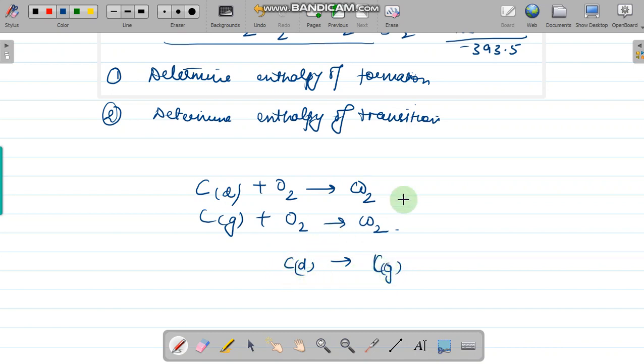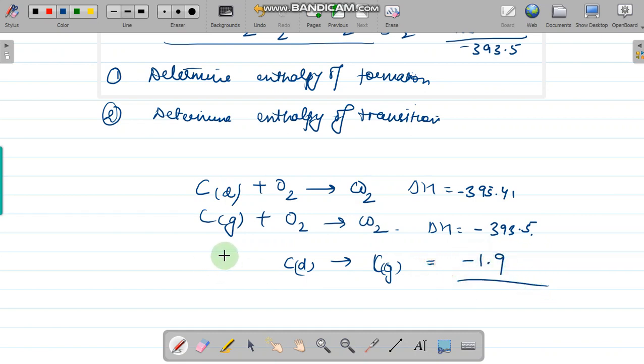Its delta H is -395.4, and this one is delta H -393.5. So we subtract both of them. When you subtract, it gives a value of -1.9. This is known as the enthalpy of transition.